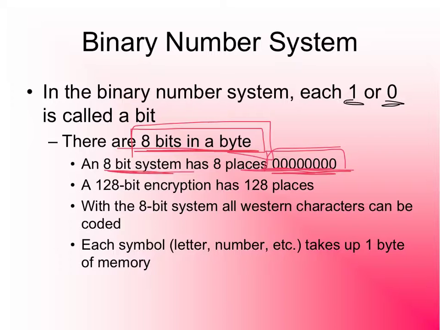And so when you have a 64-bit system, you have more potential values that you can code for, which means you can have more colors, more shapes, more all of that stuff, because you can have a lot more detail with the larger bits. And so then each one of these symbols then is 1 byte.